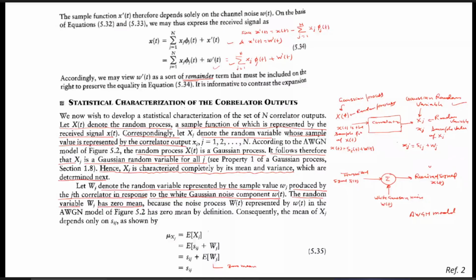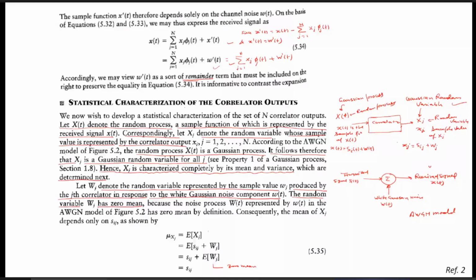Remember, if x t is Gaussian, then x j is also a Gaussian random variable, which we can completely define by knowing its mean and variance. The sample value of x j is the small x j, given by s ij plus w j, as we have already seen in the previous slide.